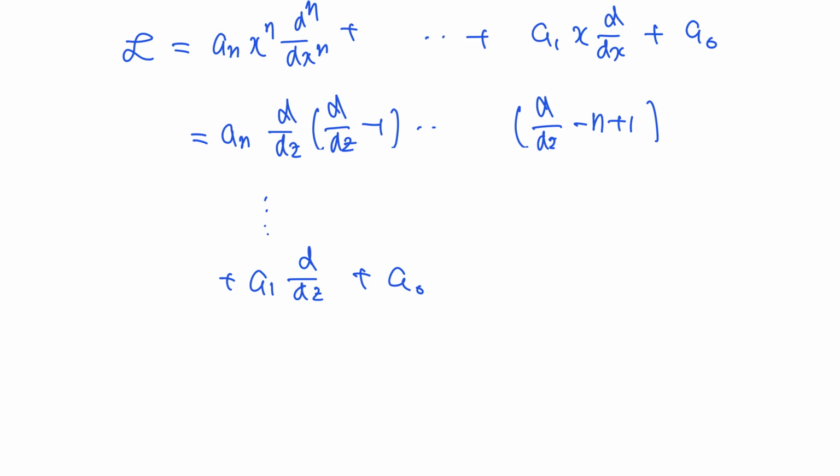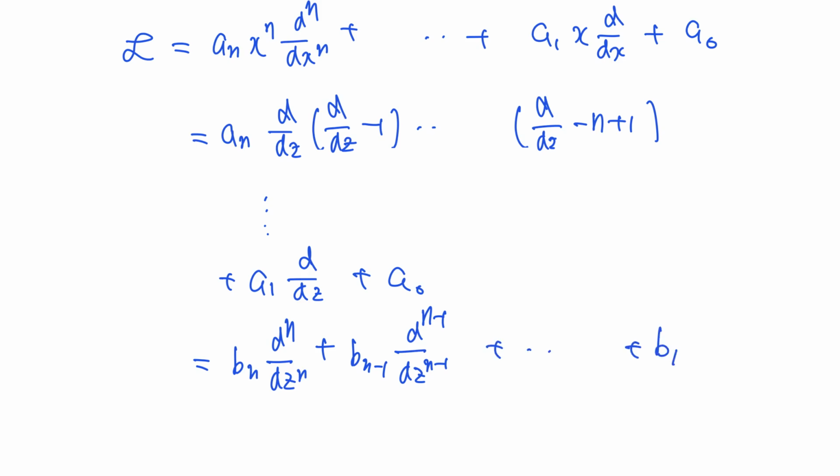You can effectively transform into the following: p_n d^n/dz^n plus p_(n-1) d^(n-1)/dz^(n-1) plus ... plus p1 d/dz plus p0. So the differential equation can be transformed in terms of the new variable z.